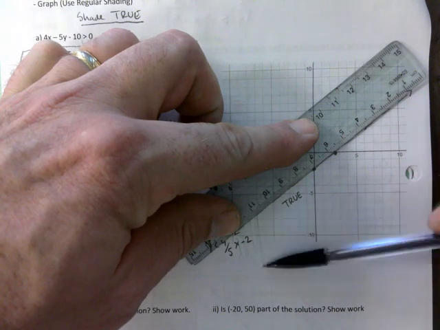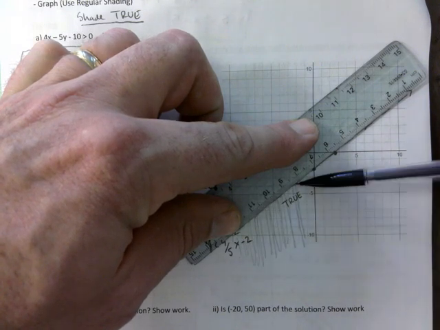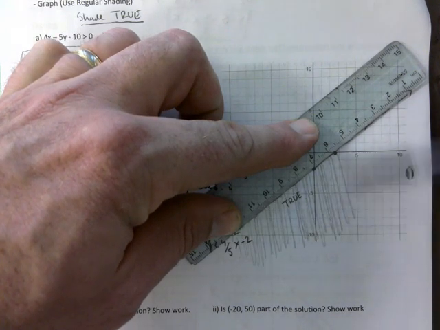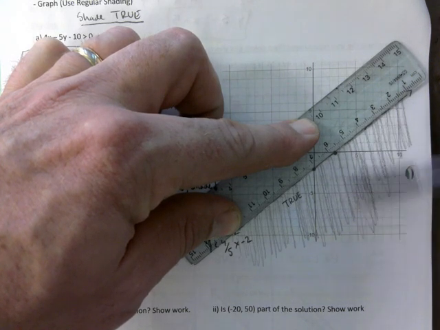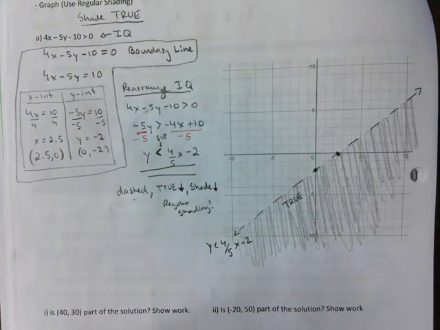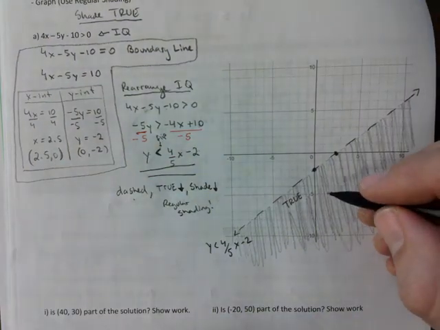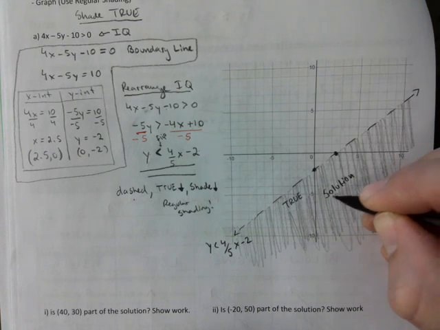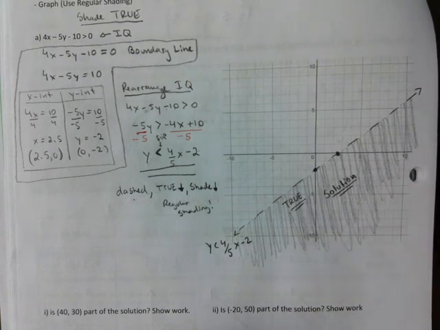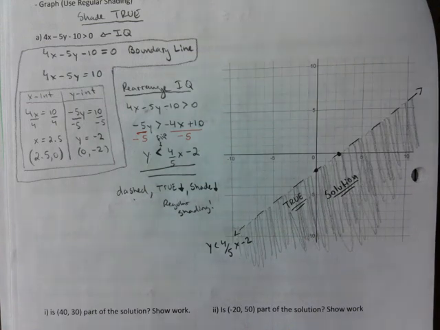And just shade lightly, okay? You will have to write or tell me that this is the solution region. It's all the same. This is also the solution region. It's the true region, it's the solution region.